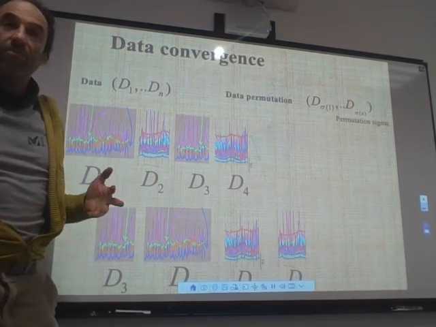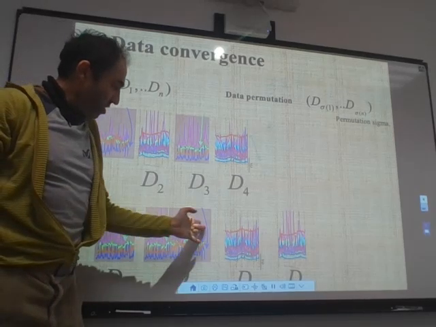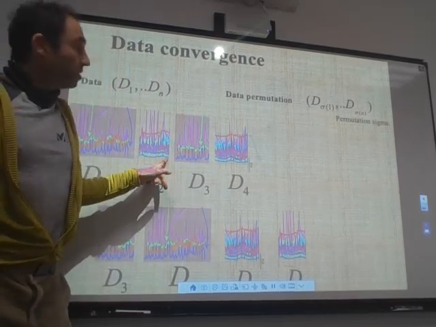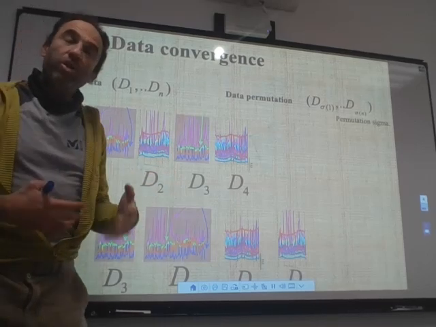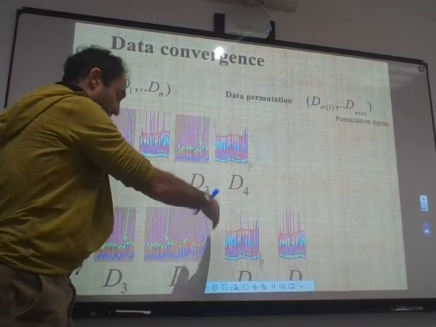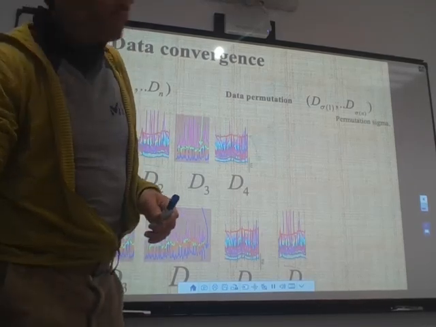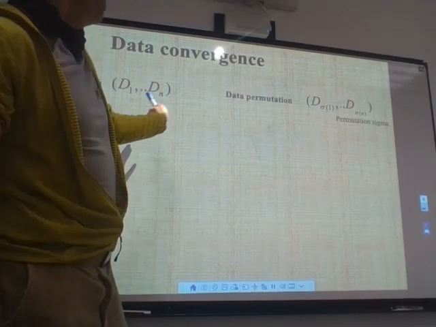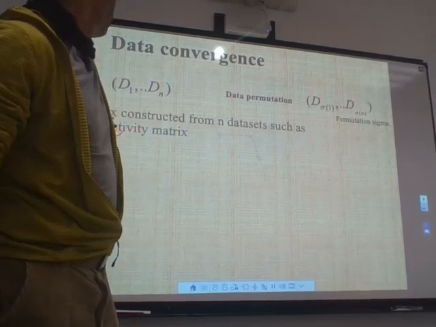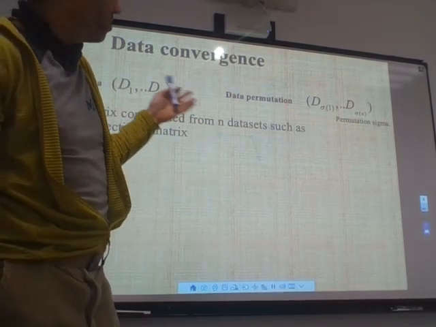A permutation. So that if I reconstruct from this ensemble of data or that ensemble of data, in some sense I wish at some point to converge. I wish to say, look, if I take a certain fraction of it, or another fraction of it, it is going to give you the same results. To formalize this, if I have the data or a permutation of the data, I can reconstruct the matrix, let's say the connectivity matrix, from this ensemble.